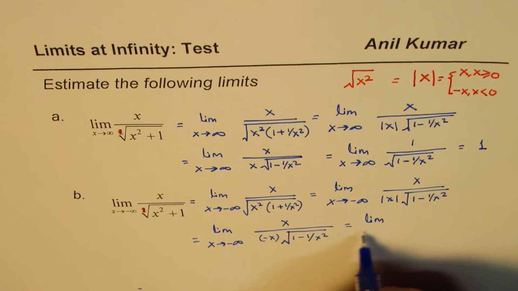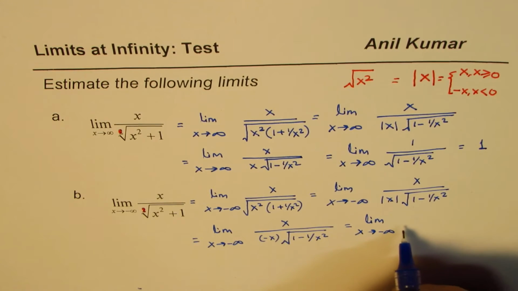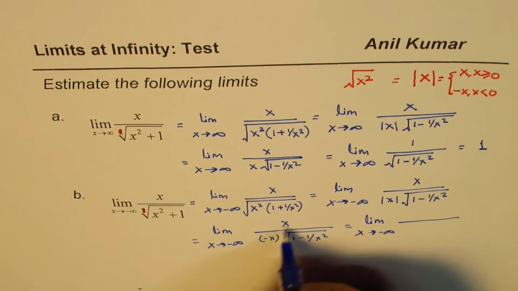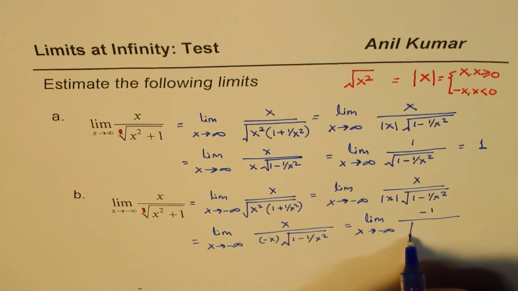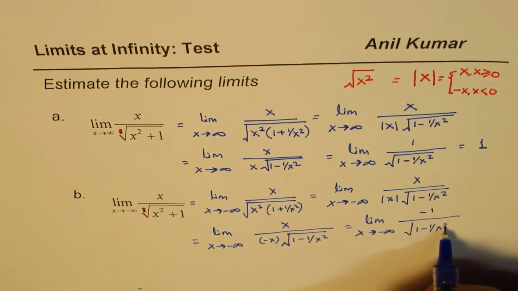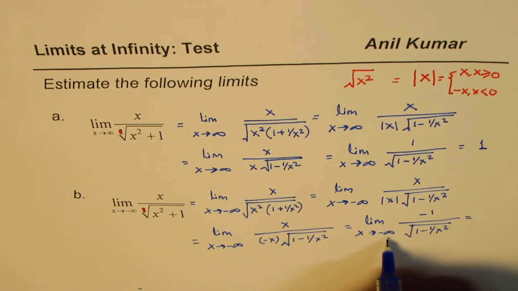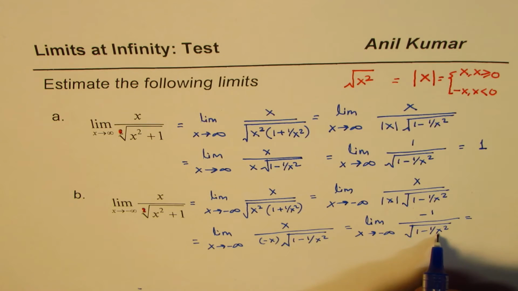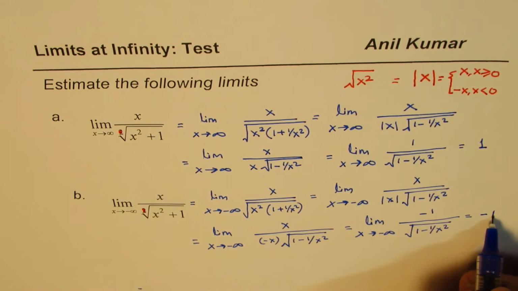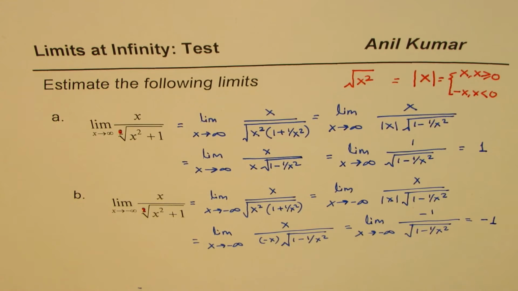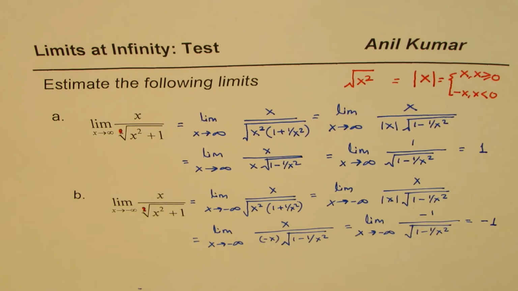Do you see that? Limit x approaches negative infinity, and what we get here when you cancel is minus 1 over square root of 1 plus 1 over x squared. And when x is a large number, x squared is very large, 1 divided by large is 0. So you get minus 1 this time. Do you see that? So that is how you're going to get the solution of this.